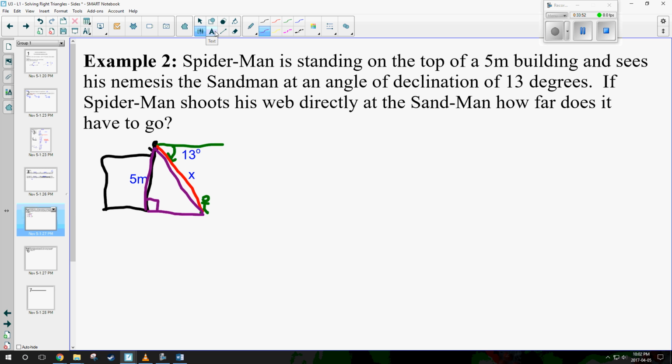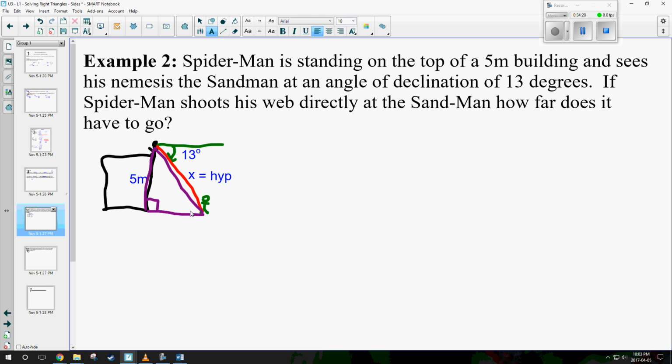Let's look at the information that we're given. In this triangle, we're given this side here, x, because that's what we're trying to solve for. It's directly across from the 90-degree angle, so we know that x is our hypotenuse. Now, looking inside of our triangle, we realize we don't have any of these side angles.